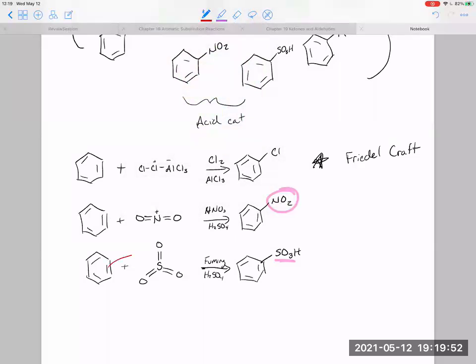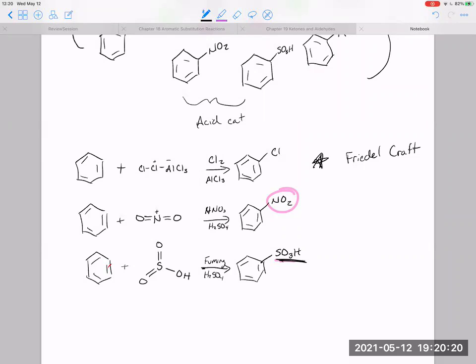So the first step that we learned about in our book was the ring attacks, knocks that pair of electrons up to the oxygen, and then it eventually will grab a hydrogen, giving us our group right here. I just want to say that I have seen books where the very first step is where the electrophilic species, instead of being SO3, actually looks a lot like what our eventual substituted functional group is here.